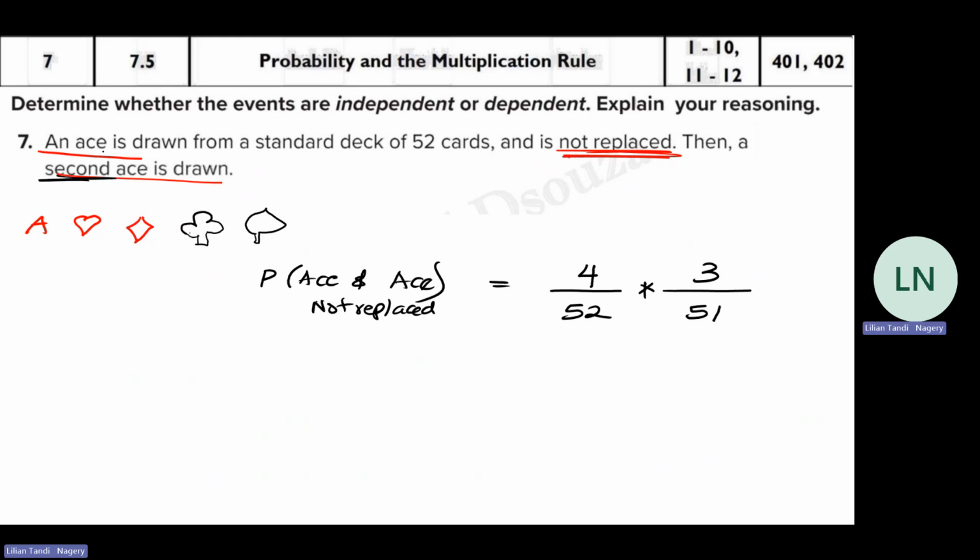Because I have 2. Second means 2, so that's why I made 2 fractions. That will be 12 over 52 times 51, 2652. And then you simplify, you should get 1 over 221. And then that's your answer.